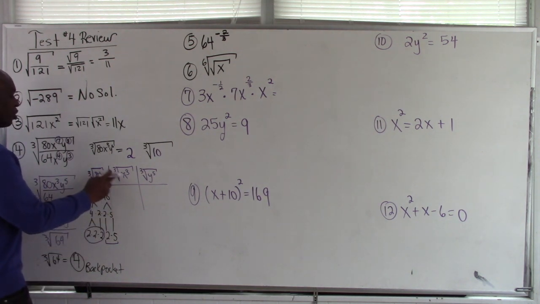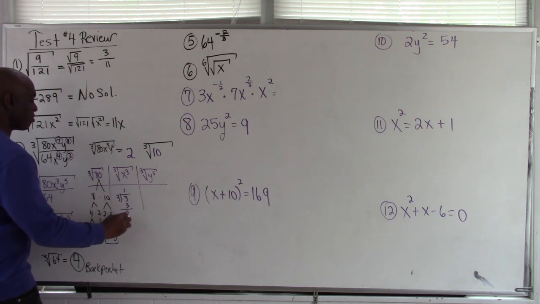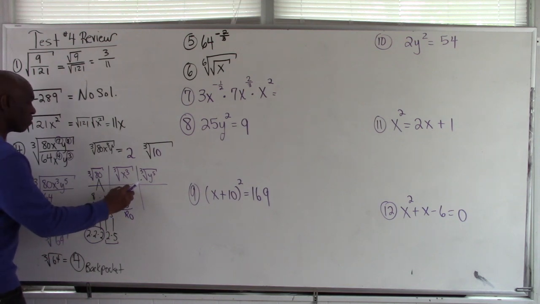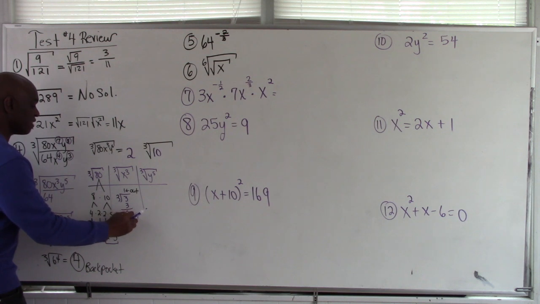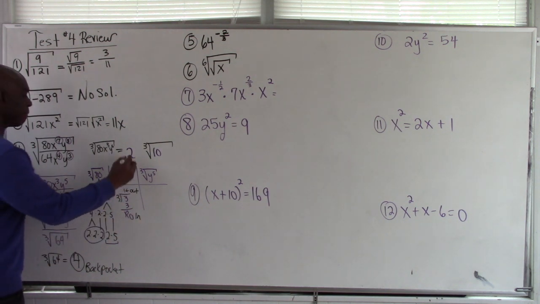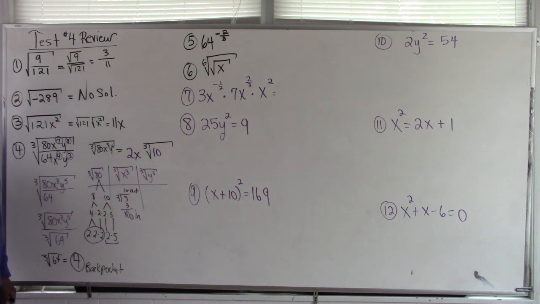Now let's do the cube root of x cubed. So I divide 3 into 3, goes 1 time, 3, remainder 0. So this is what goes out, and this is what stays in. So 1 x goes out front, and 0 x's are on the inside.